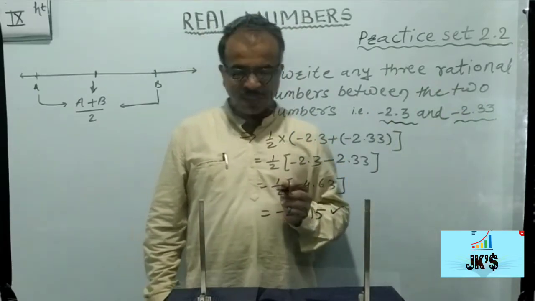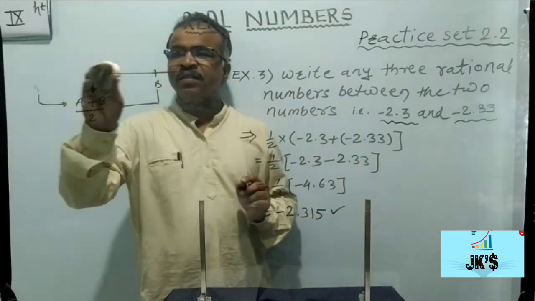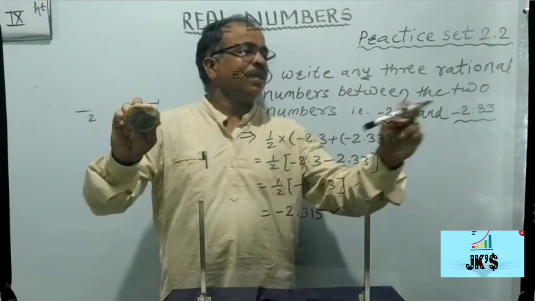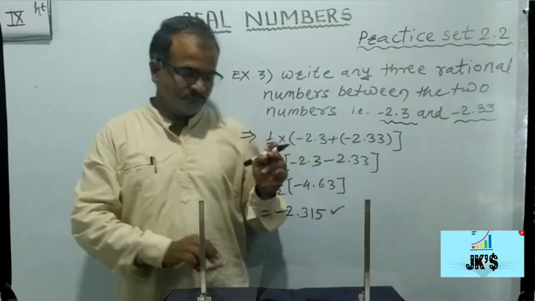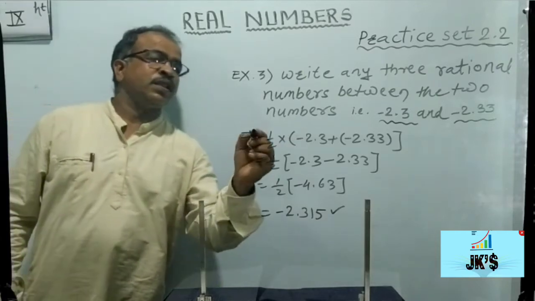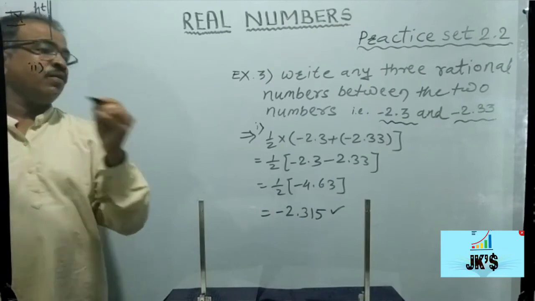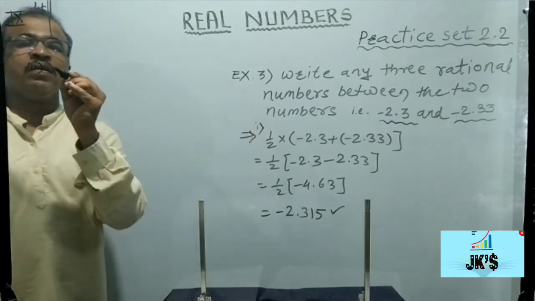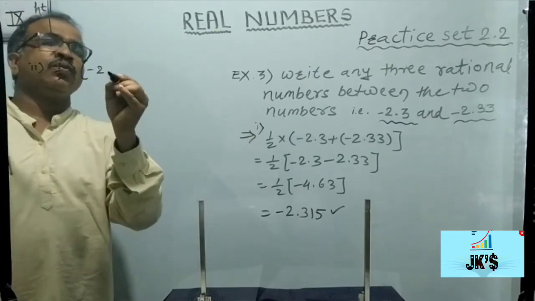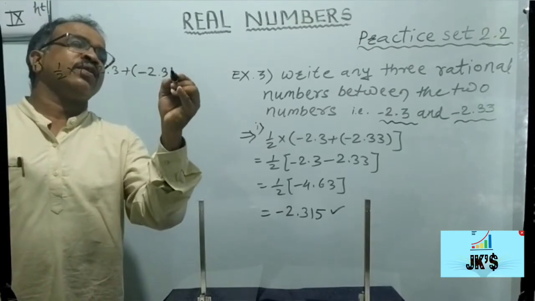To find the second number, we take the average of this one with any one of them. Suppose this is first; for second we take 1 by 2 into bracket minus 2.3 plus minus 2.315.